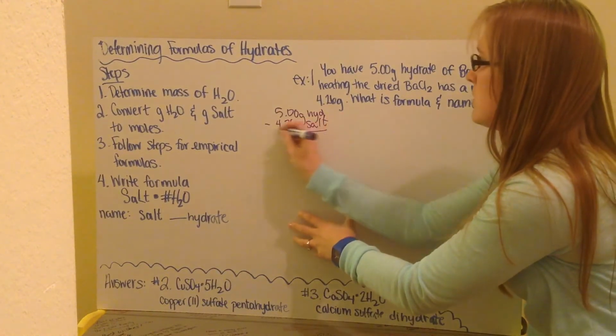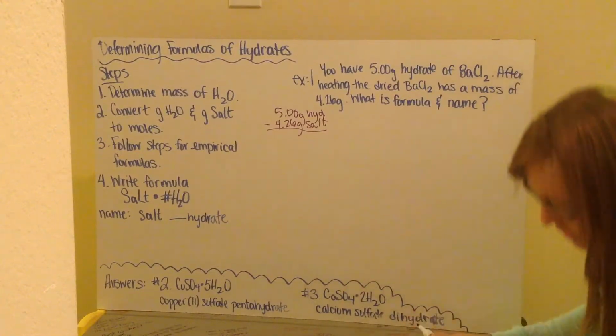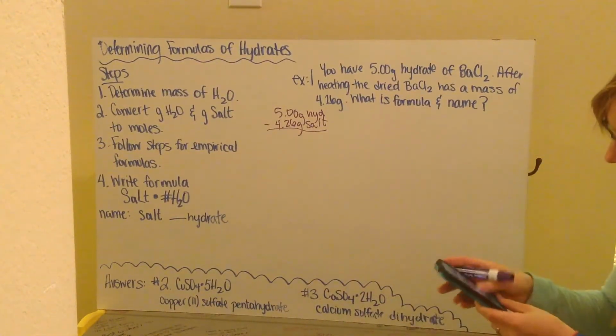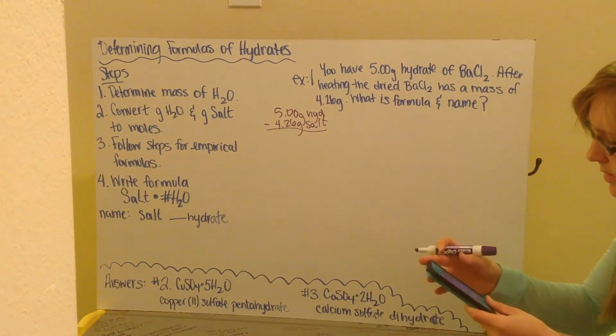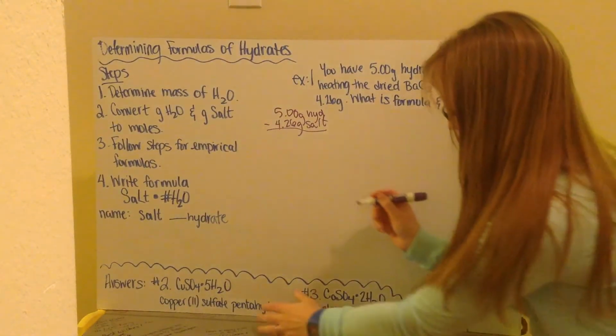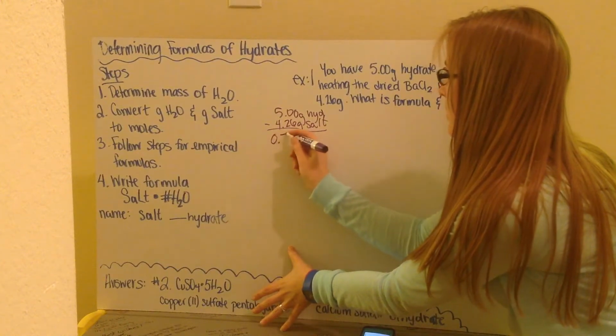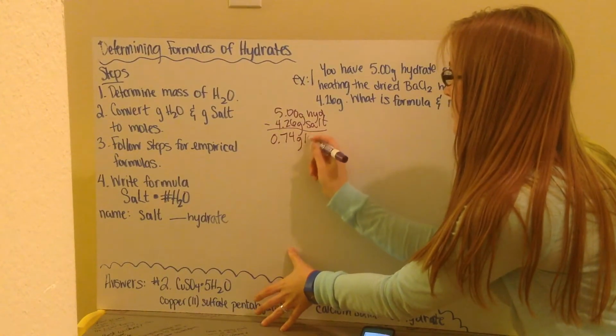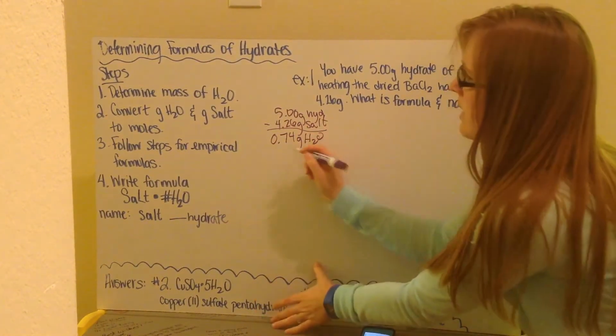The difference between the two, as it was heated, is the water that was given off. So the amount that was left would be 0.74 grams of water. So that was step 1.